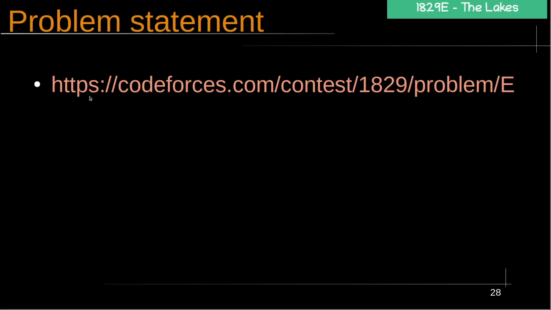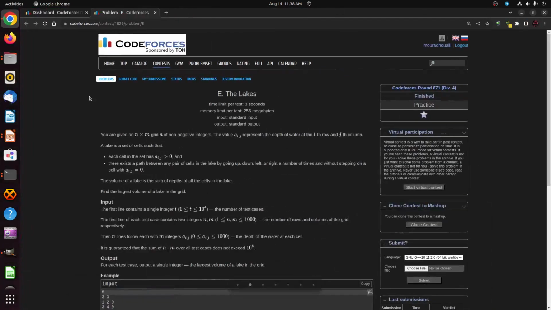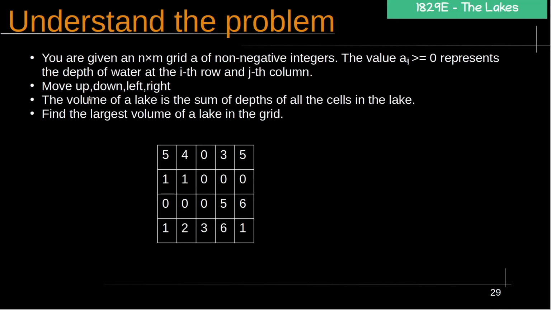The next problem, E-Lex. This is the problem statement. You can read it to understand the task, or you can follow me in this quick explanation. You are given an m times n grid of non-negative integers.